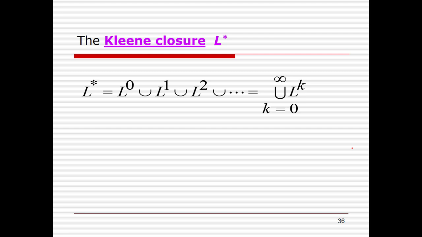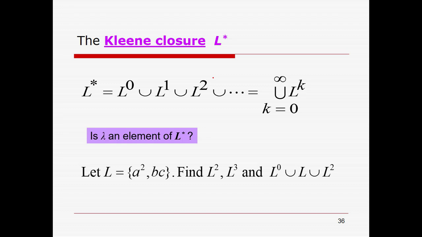So it starts from L0, being the set with the empty word in there, united with the language itself, united with the language which contains concatenations of words from L, but only twice, etc. So L star is the Kleene closure. If we look at lambda, would lambda be an element of L star? And yes, of course it would, because we just said that L0 is part of L star, and the empty word is the element of L0.